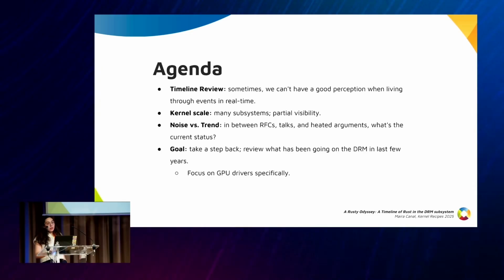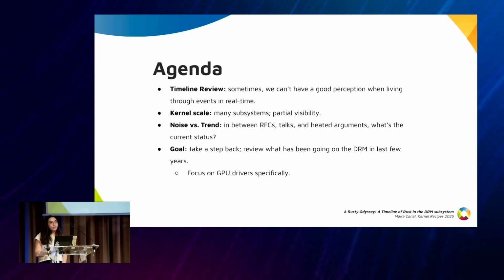There's an interesting thing about how we perceive events as humans. Because we are living through events in real time, it's very easy to lose sight of what's really going on. We have been watching the Rust for Linux project evolve in real time, and we have been hearing about it in conference talks, maybe LWN news, maybe in an RFC, in the mailing lists.